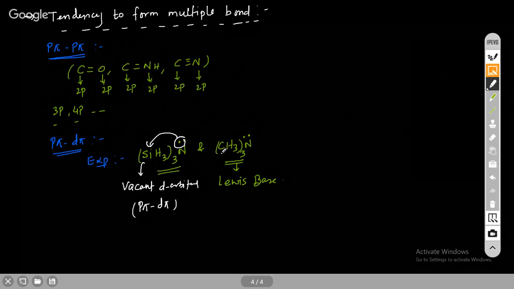But here, since carbon has no d orbital, this lone pair is available, so it can donate to the other molecule. So this behaves as a Lewis base. Understood? This is an important example. Must remember this.